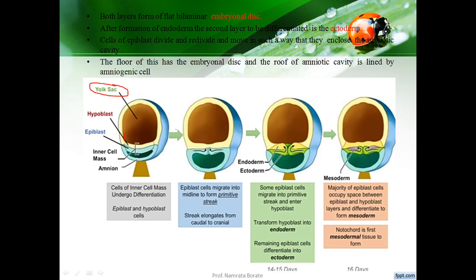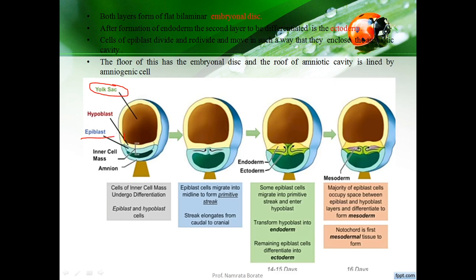The remaining cells of the innermost cell, which are in contact with the stalk, are called the epiblast cells. This epiblast cell functions as the primary ectoderm.